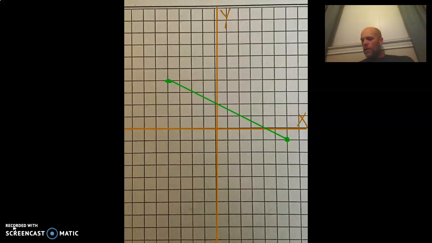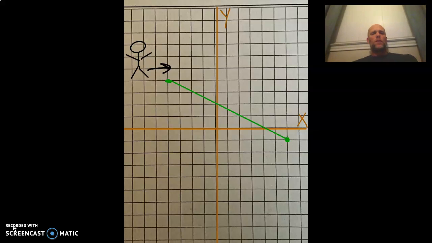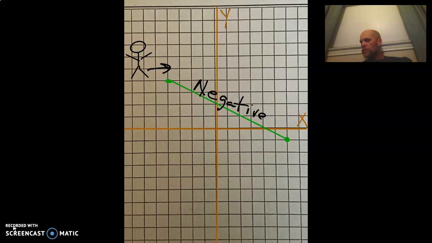Here I am, walking that way. Is that about to go up or down? Is it 0, flat, or undefined? It's going down, so that is negative. The slope is going to be negative.